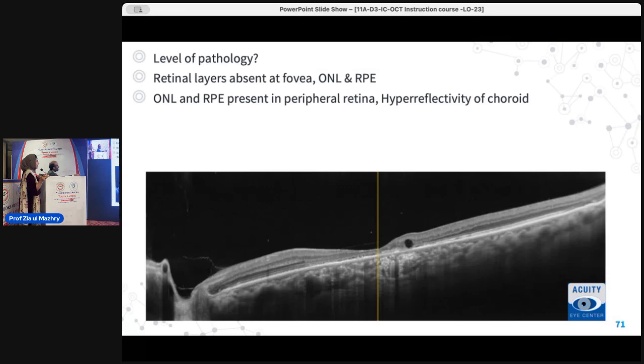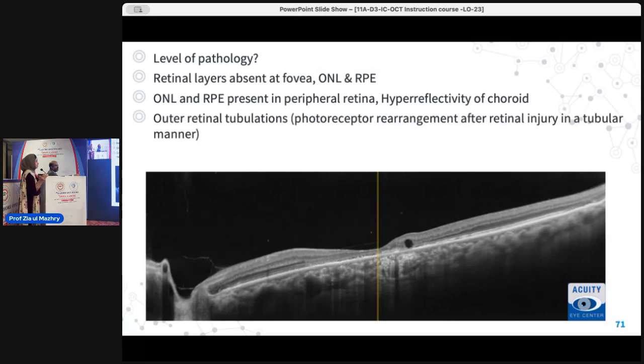Retinal layers यहाँ पे नहीं है, और ये एक ट्यूबुलेशन पड़ी हुई है outer, इसको बोलते हैं outer retinal tubulation. इसमें होता क्या है कि photoreceptor rearrangement हो जाती है after retinal injury in a tubular manner. So यहाँ पे अगर आप देखें तो there is disruption of the outer, जो 4 बैंड हमने peripheral retina में नहीं थी, ठीक है, लेकिन ये fovea के एरिया पे नहीं है. So this is a 76-year-old patient with progressively decreasing vision. So this is a case of age-related macular degeneration.